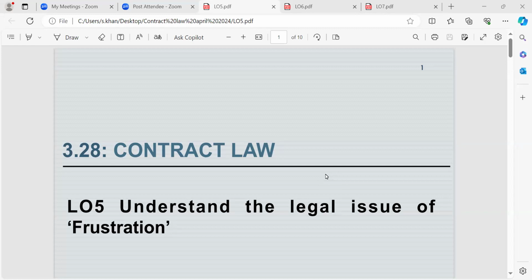We looked at the types of mistakes. So you have common mistake, and we looked at the case of Couturier and Hastie, 1856, Galloway and Galloway, 1914, and the case of Bell and Lever Brothers Limited, 1932, which looked at common mistake.